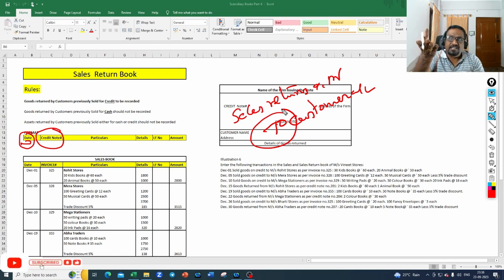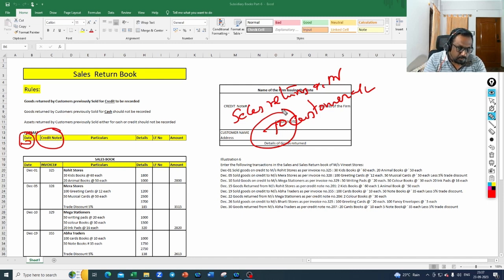So please notify my account in your books, so you can also record those things in your books of accounts. That is the communication I am passing on to the customer. So the document I prepare and communicate to the customer, saying that I am acknowledging your returns and I credited your account in my books of accounts, is nothing but a credit note.